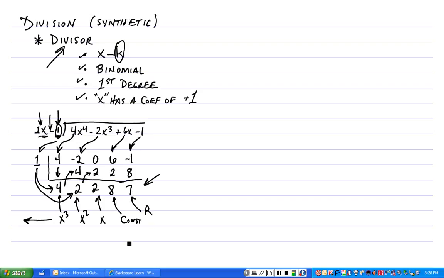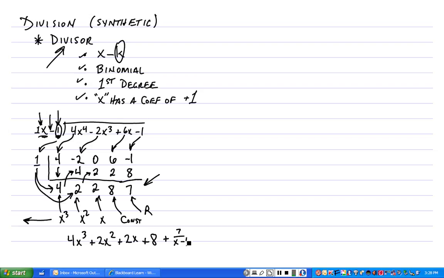Okay, so your answer then would be 4x to the 3rd plus 2x squared plus 2x plus 8. Alright, with a remainder of 7. So we say plus 7 over x minus 1.